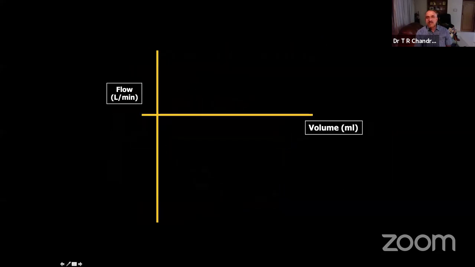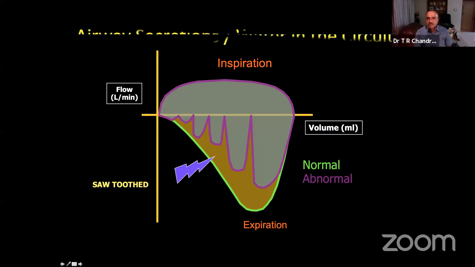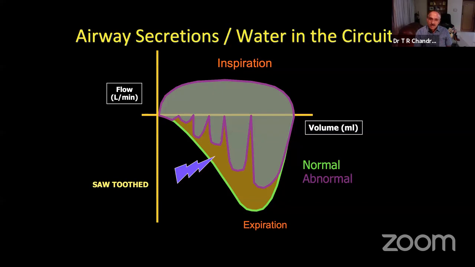The only thing you can definitely find out, as we have seen in the flow versus time scalar also, is that if the expiratory limb shows obstructed flow, or something is not allowing a smooth flow, it is always what? Airway secretions or water in the circuit.